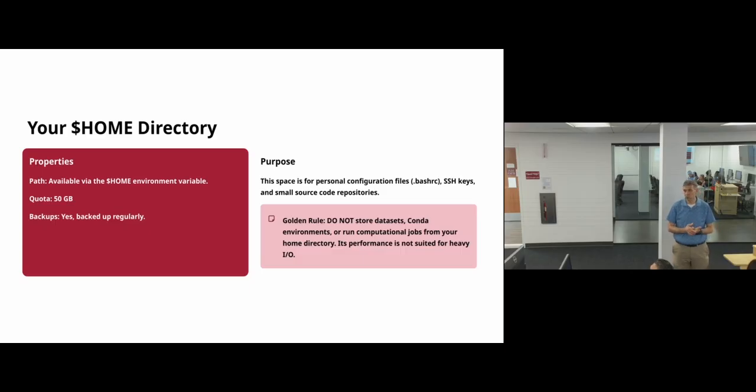The golden rule here is do not store data sets or Conda environments. You can store some Conda environments, but Conda environments tend to blow up quick, right? I've run into the issue where my entire home directory was filled up because of Conda environments and things like that. What happens then is your stuff won't run.